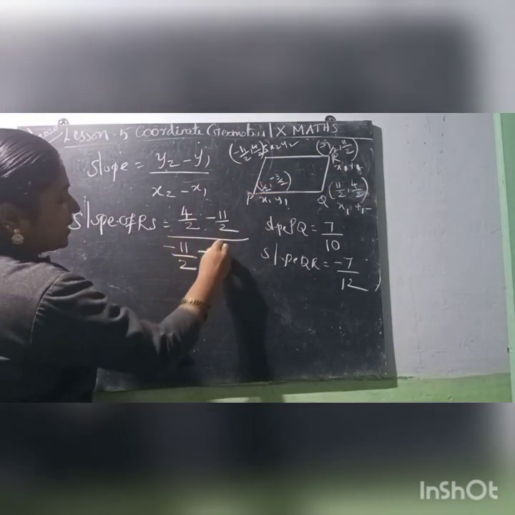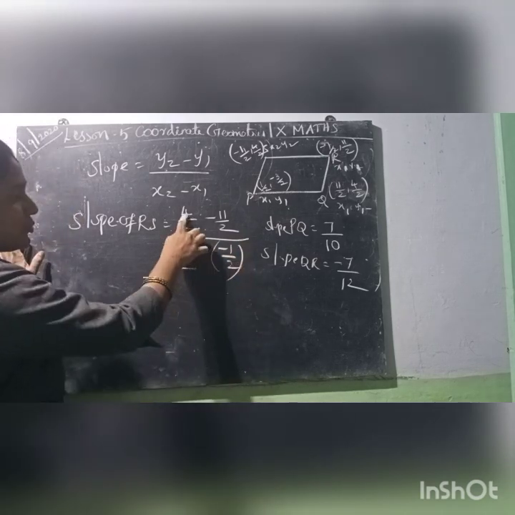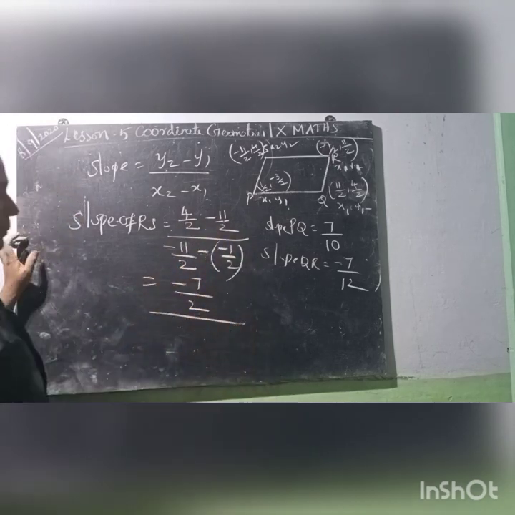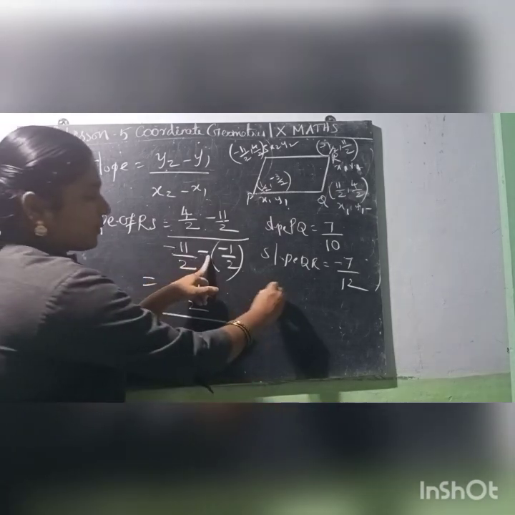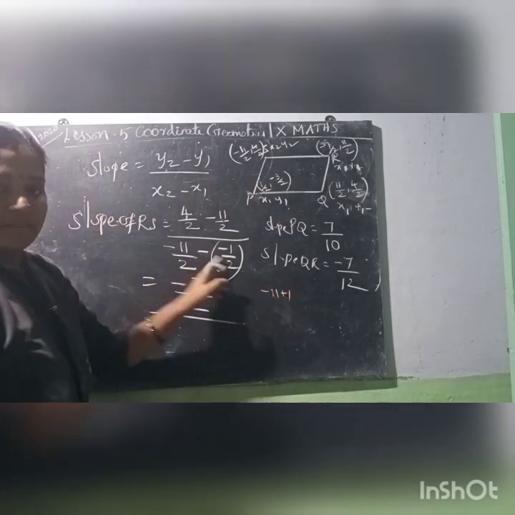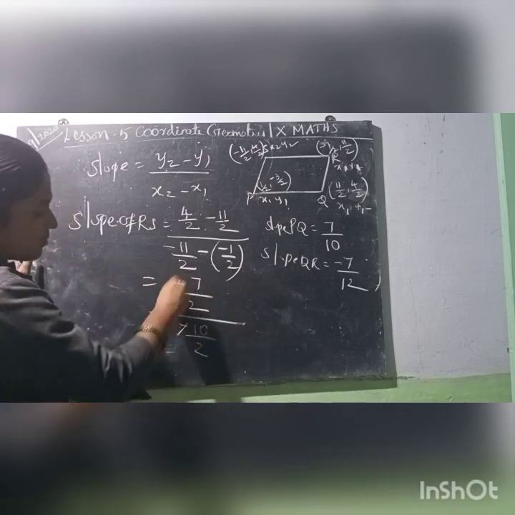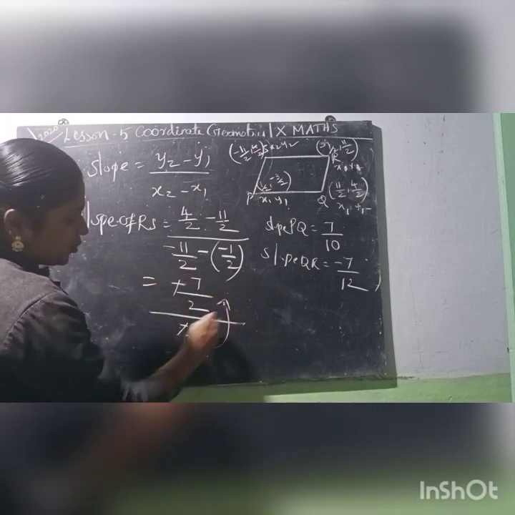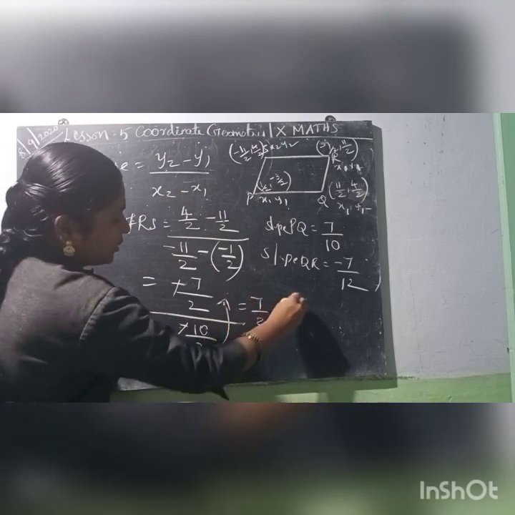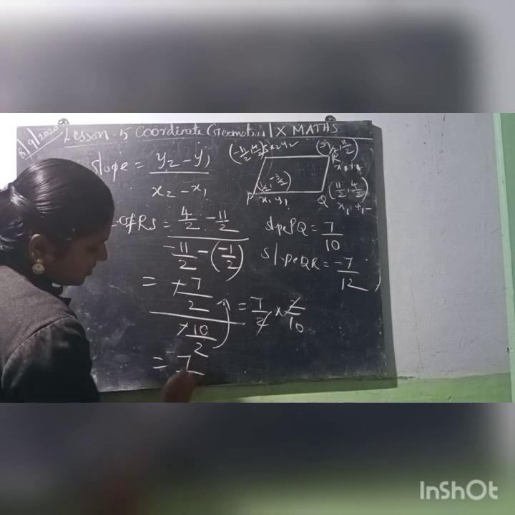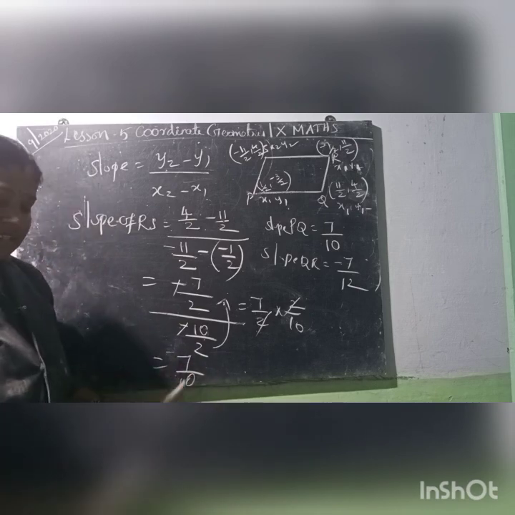Minus 11 by 2 minus of minus 1 by 2. 4 minus 11 is minus 7. So minus 7 by 2 divided by minus 11 plus 1, which is minus 10, so minus 10 by 2. Minus minus cancel. Take reciprocal. 7 by 2 into 2 by 10. 2 cancel. So now slope of RS is 7 by 10.